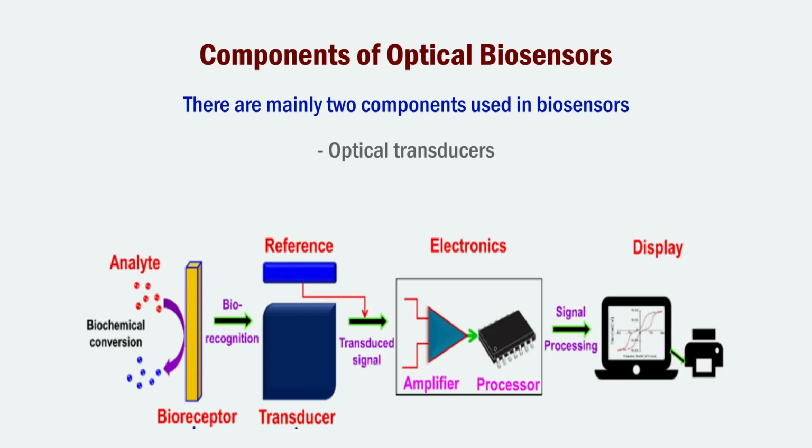Examples are enzymes, antibodies, antigens, cells, etc. And the second one is the optical transducer. It detects the reflected or refracted light coming from bioreceptors. Examples are interferometer, grating, SPR, that is surface plasmon resonance, etc.